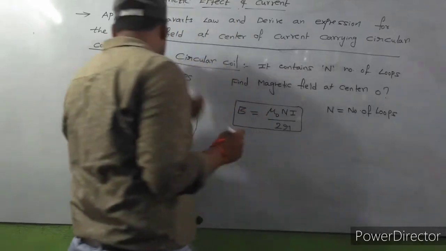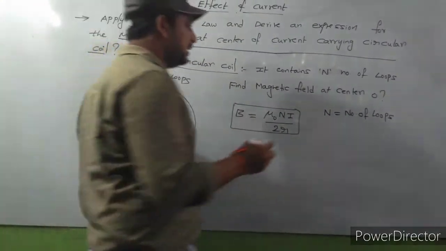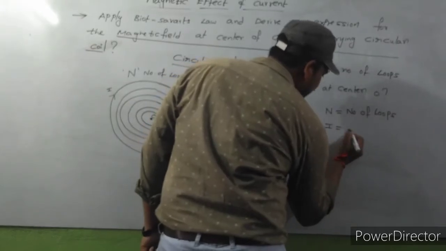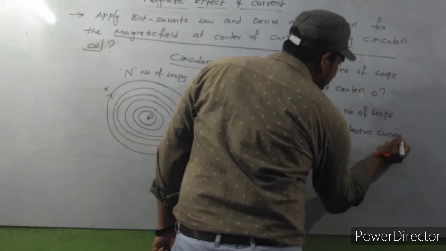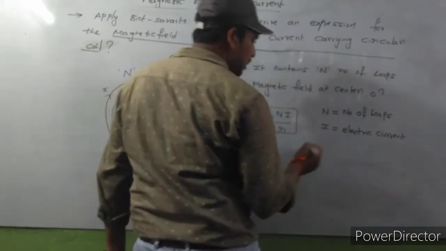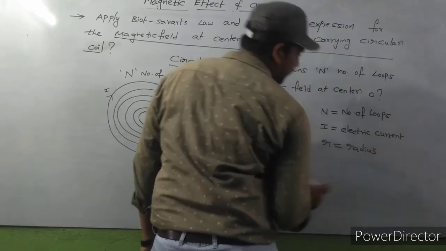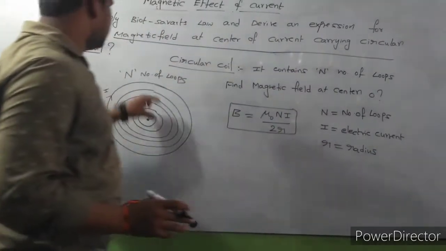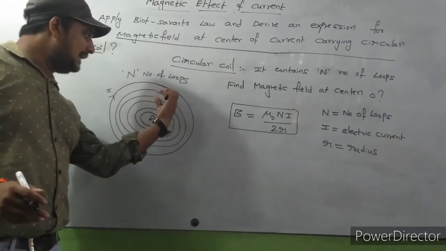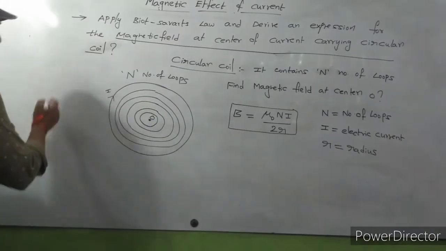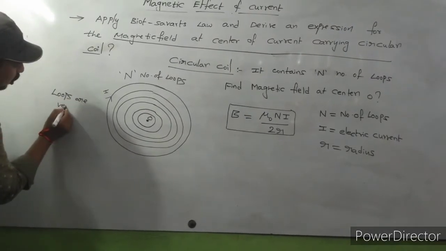If for example they give 10 loops, we substitute N equal to 10. I means electric current, and R means radius of the loop. Dear students, here these loops are present very close to each other.